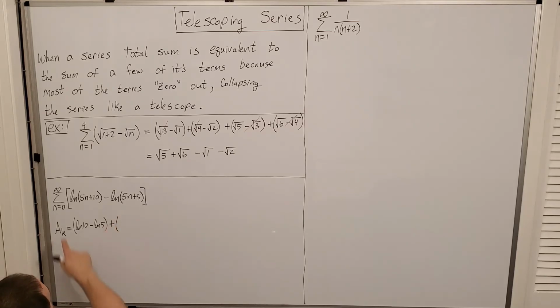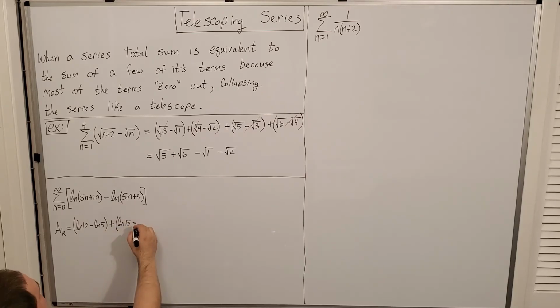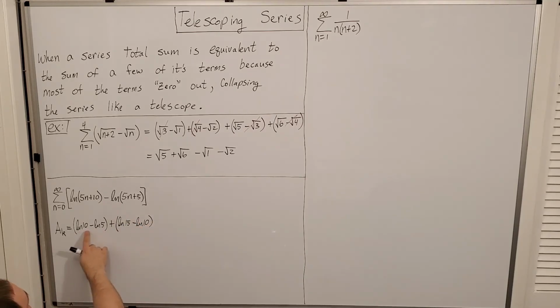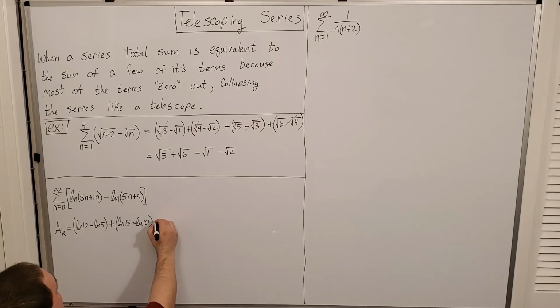Plus, when n equals 1, I'll have ln of 15 minus ln of 10. Notice, there's that pair up right there, right? A negative and a positive ln of 10.